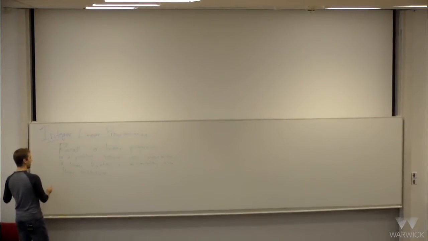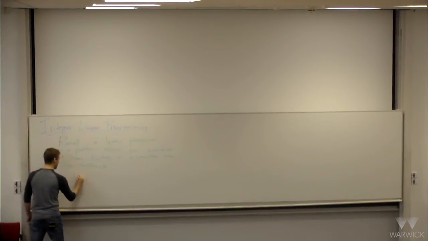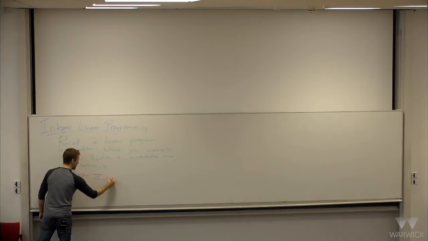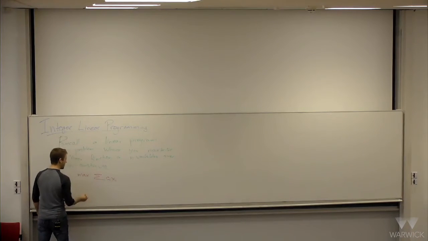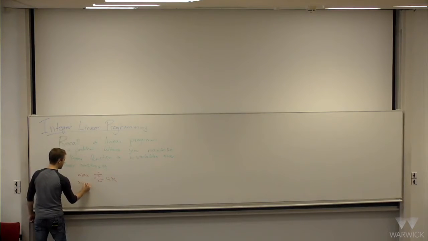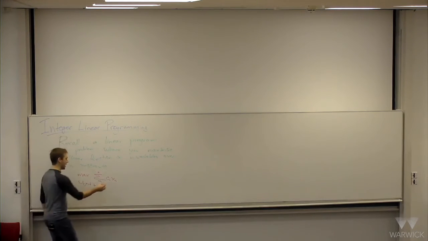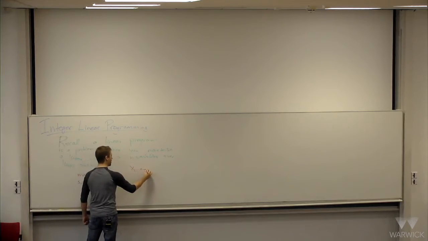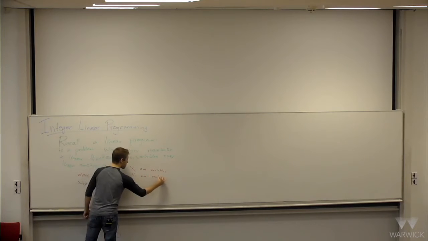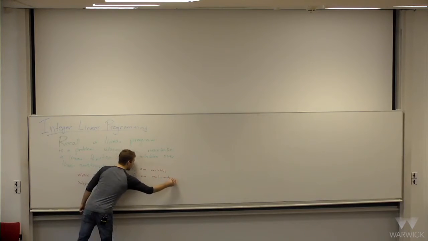You take, for example, you want to maximize some sum of c_i x_i, i from 1 to n, subject to, so the x_i's are the variables, right? The c_i are just some real numbers, right?